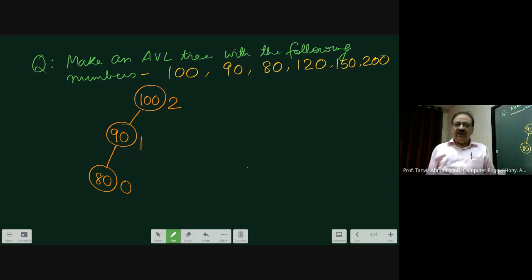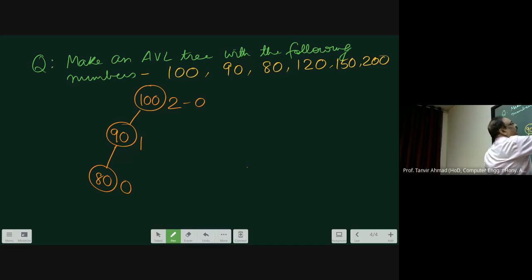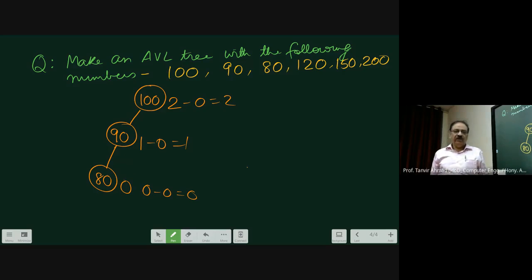Because for 100, the left subtree height is 2 and the right subtree is 0, therefore it is 2 minus 0, which is 2; 1 minus 0 is 1, and 0 minus 0 is 0. Now at this point, it is a binary search tree, but not an AVL tree. And that means you have to convert it into an AVL tree.